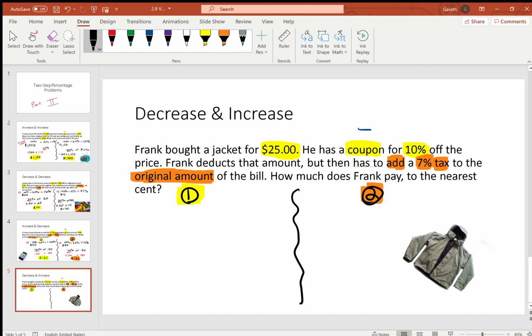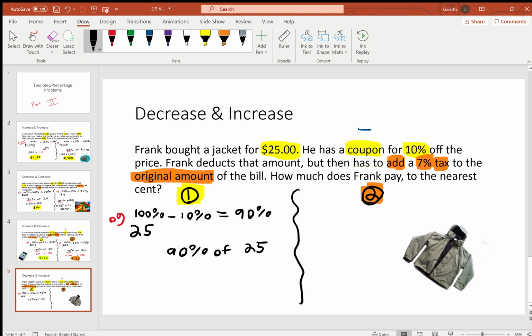Part 1, yellow. Part 2, we're going to mark in orange, okay? So, in part 1, Frank wants to buy a jacket, and the jacket costs $25. He has a coupon that's going to take 10% of that off. So my original amount, always, as a percent, is 100%. So we're doing 100 minus 10% gives me 90%. Frank is now only paying 90% of those $25.